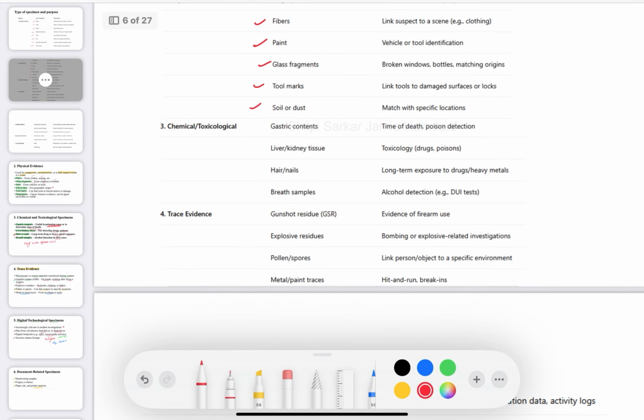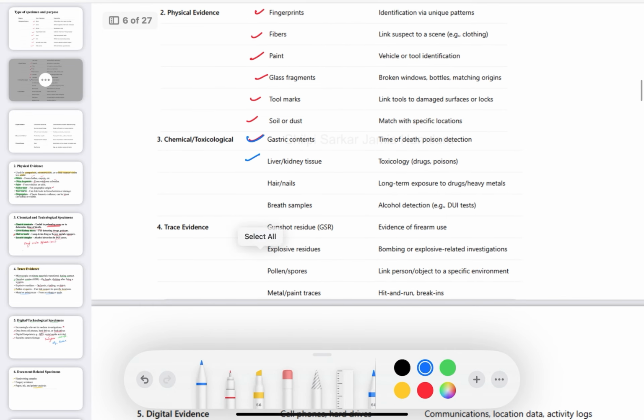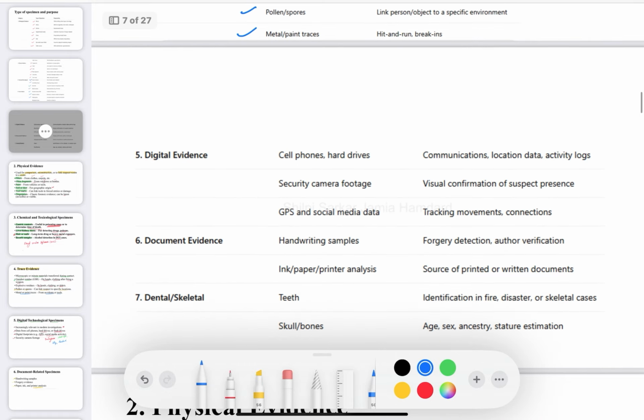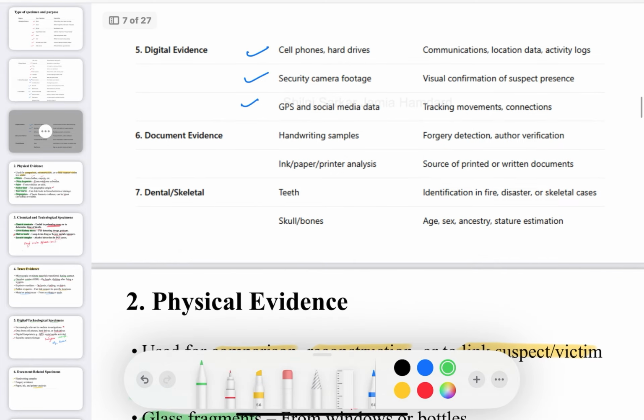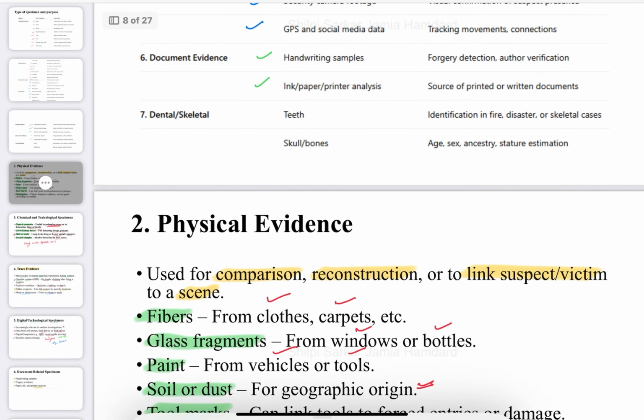Chemical or toxicological evidences can be gastric contents, liver or kidney tissue, hair or nails, breath samples. Trace evidence can be gunshot residue, explosives, pollen spores, metal or paints. Digital evidences can be cell phones, hard drives, security camera footage, GPS, and social media data. Document evidence can be handwriting samples, ink and paper analysis, and last one is dental and skeletal: teeth, and skull bones.